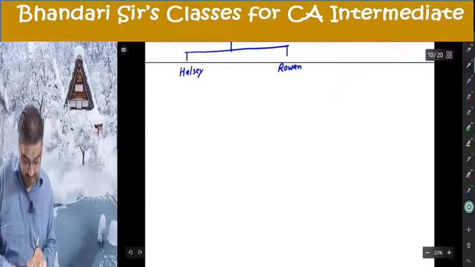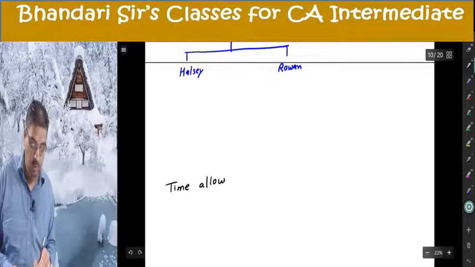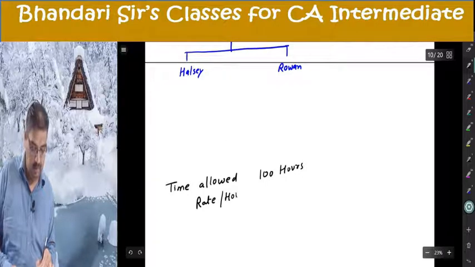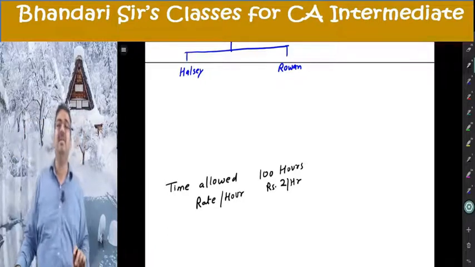Let us say time allowed 100 hours. Rate per hour 2 per hour. What does that mean?